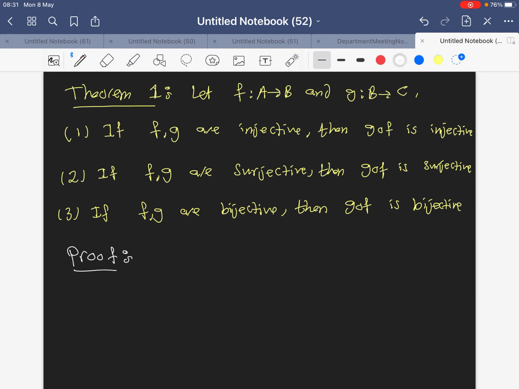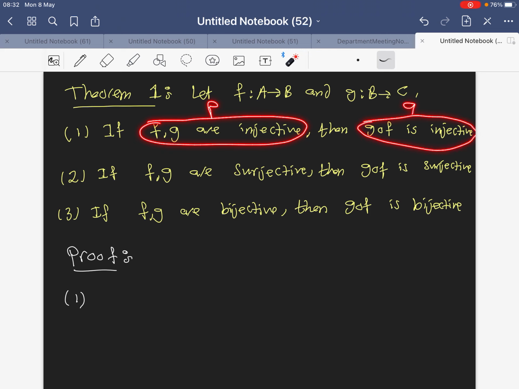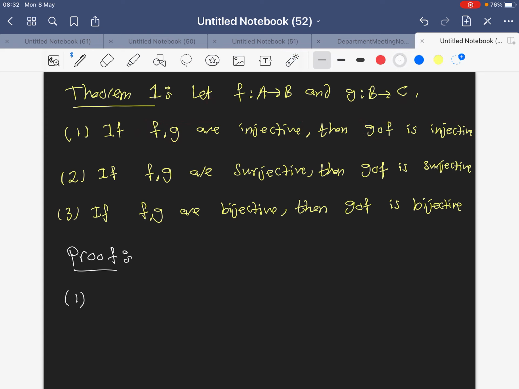So for theorem number 1, I will start with the first one, which is I will assume that f and g are both injective, and I will show that g circle f is injective. So here I will use direct proof, assuming this is p and this is q. So p implies q, or if p then q.